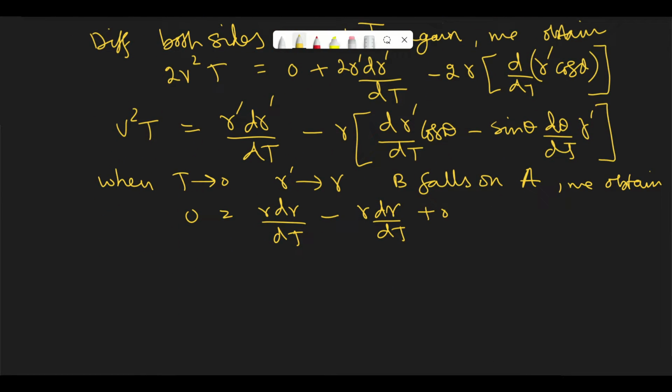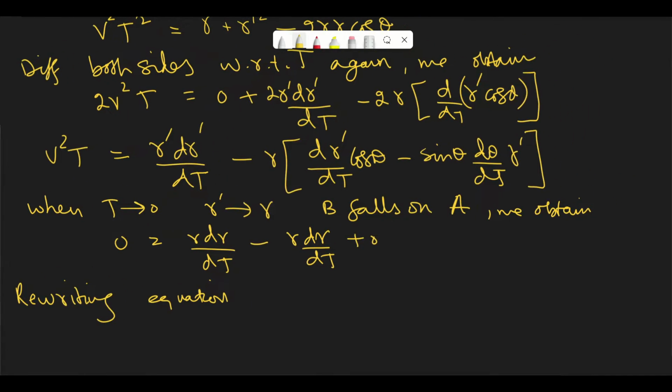So we don't get anything from this equation. So we will rewrite equation 1. Rewriting equation 4.